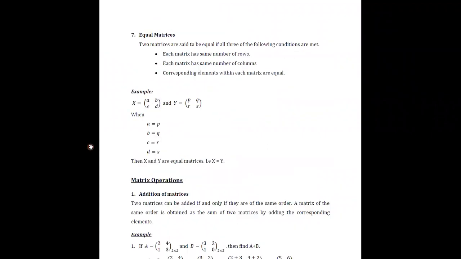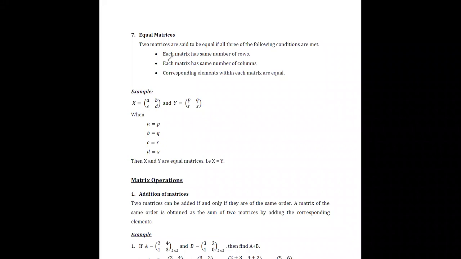The next type of matrices that we are going to discuss, the last type of matrices for this section, is the equal matrices. Equal matrices are matrices which have an equal number of rows, an equal number of columns, as well as equal corresponding elements.